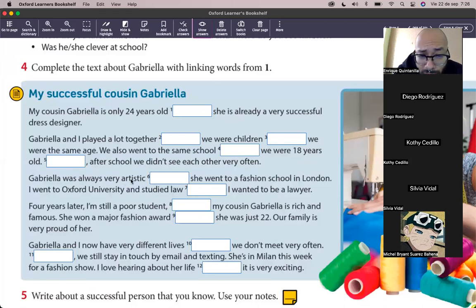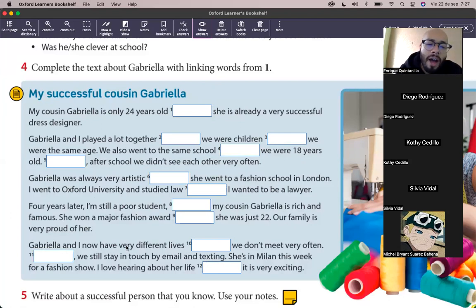Gabriela was also very artistic, where she went to a fashion school in London. I went to Oxford University and studied law. I wanted to be a lawyer. 4 years later, I'm still a poor student. My cousin Gabriela is rich and famous. She won a major fashion award. She was just 22. Our family is very proud of her.